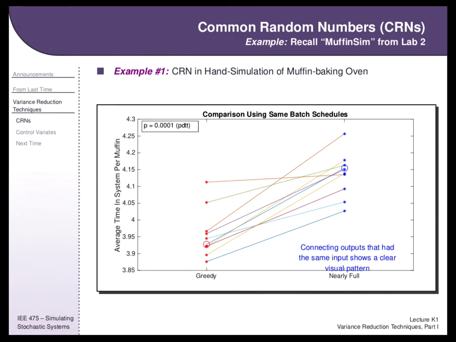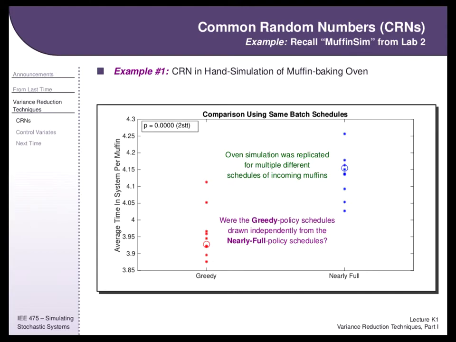And now that I've paired them all up together, it looks much clearer that all of these lines are going in one direction. So that reduced the amount of variance. Before, I didn't know how to explain the variance in these two. It kind of looks like this mean is greater than this mean, but there was a lot more overlap.